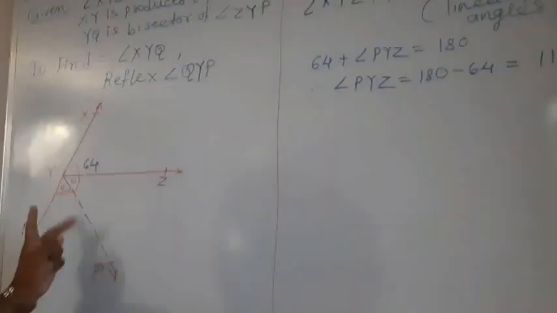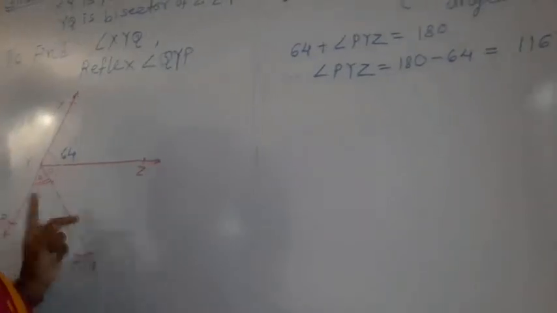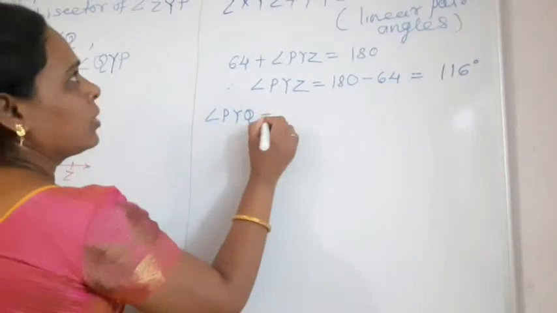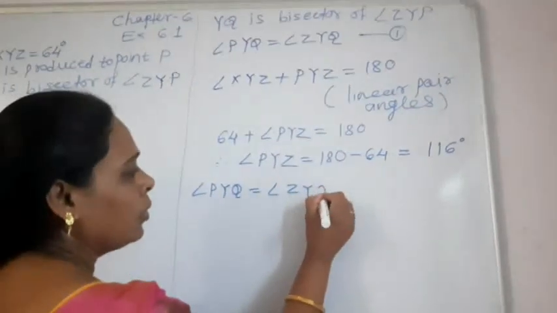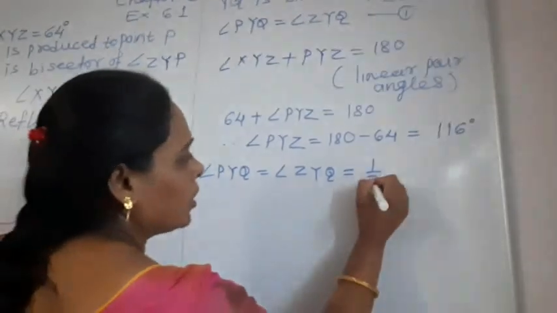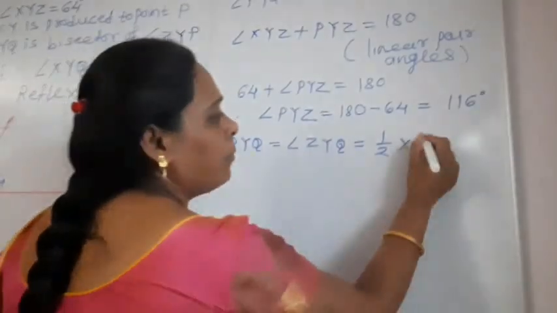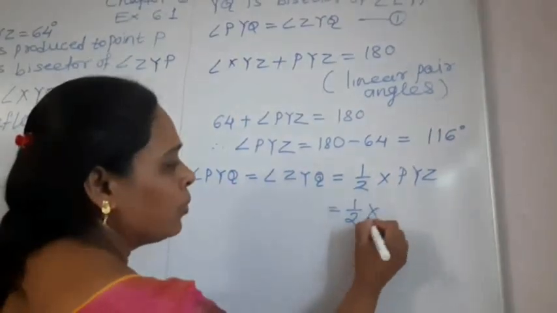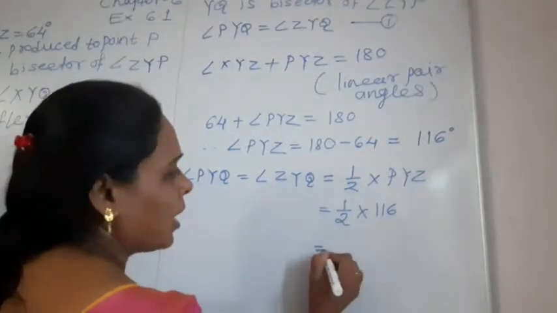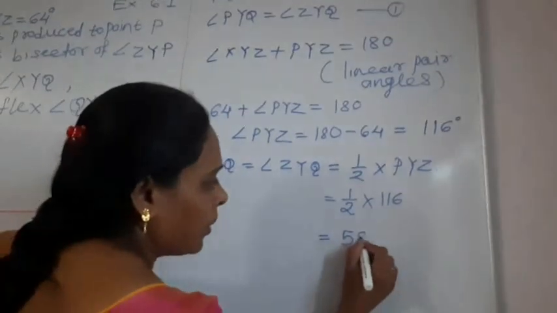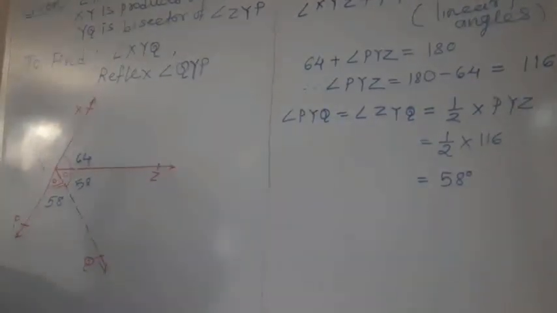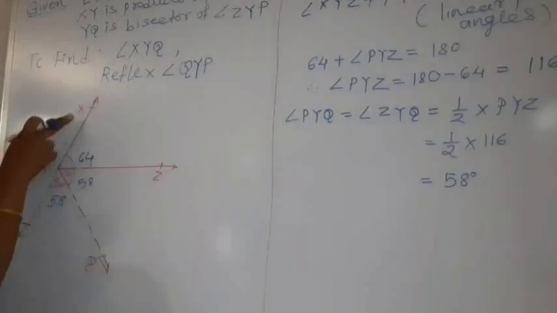But PYZ is divided into two parts due to the bisector, and therefore the measure of the remaining angles, angle PYQ is equal to angle ZYQ. Both angles are equal, and both the angles are half of angle PYZ. Substitute the value, 1/2 multiplied by 116, and that value is 58 degrees. The measure of these two angles is 58 degrees. Now here you have to find angle XYQ.